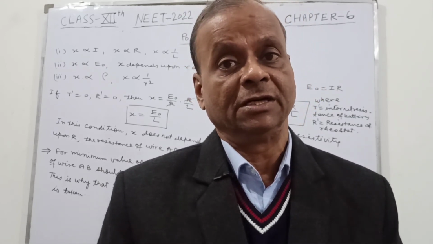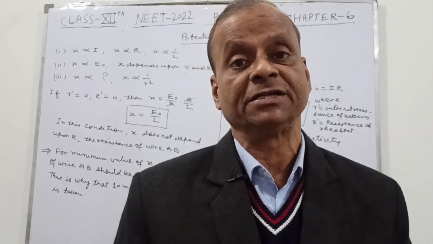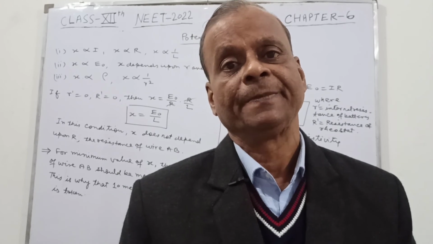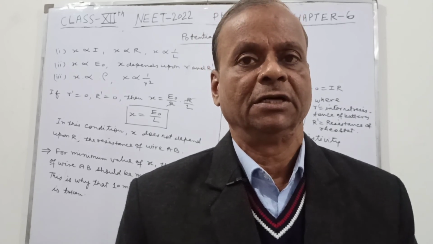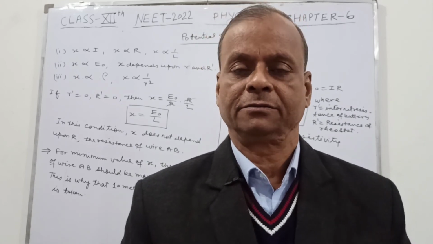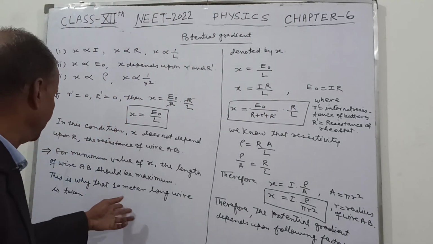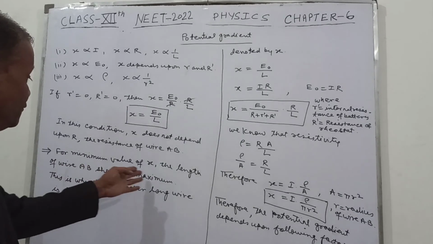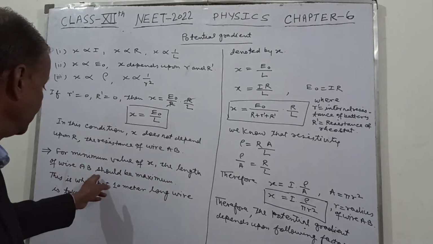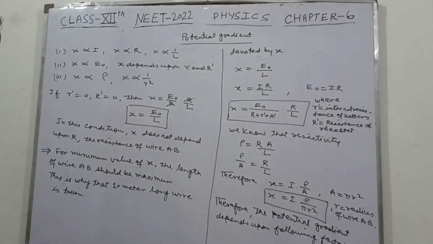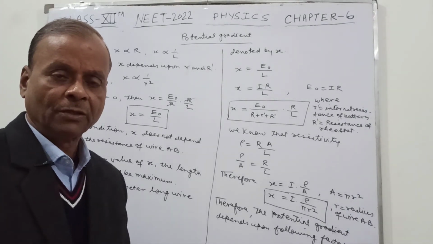But the values we measure will not be as good as those measured with a long wire of approximately 10 meter. So for minimum value of x, the length of the wire AB should be maximum. This is why a 10 meter long wire is taken.